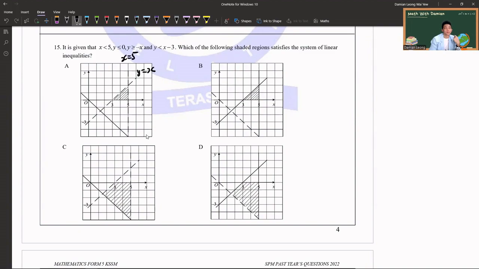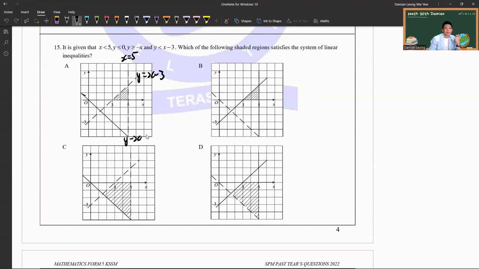Getting 4 lines. Y equals 0 is the x-axis. And y equals x minus 3 must be this line. My bad. Y equals negative x is this. This is y equals x minus 3.